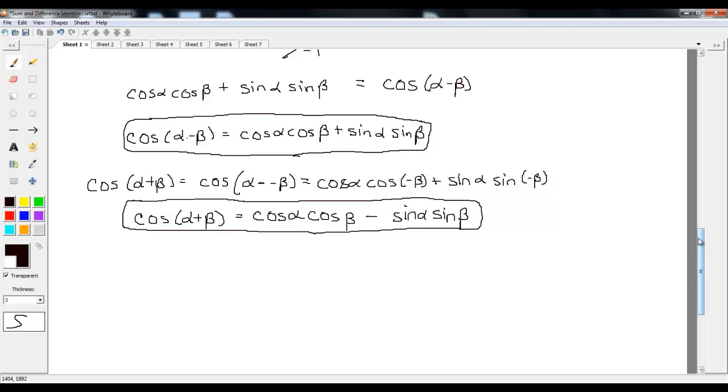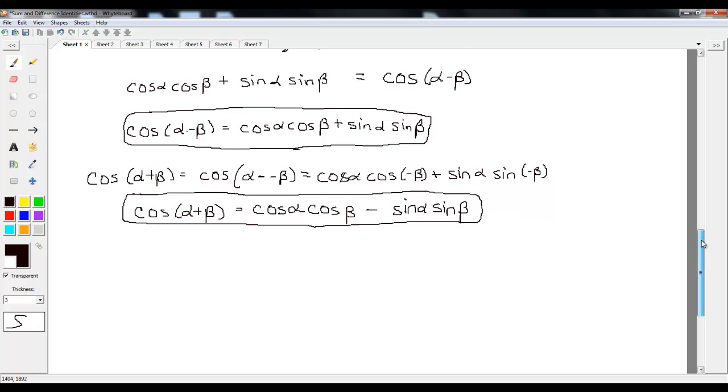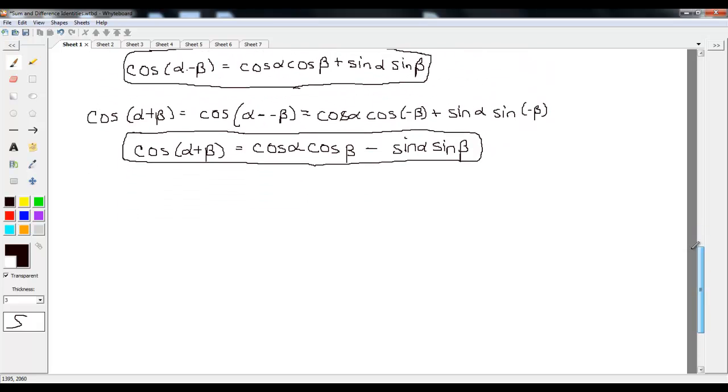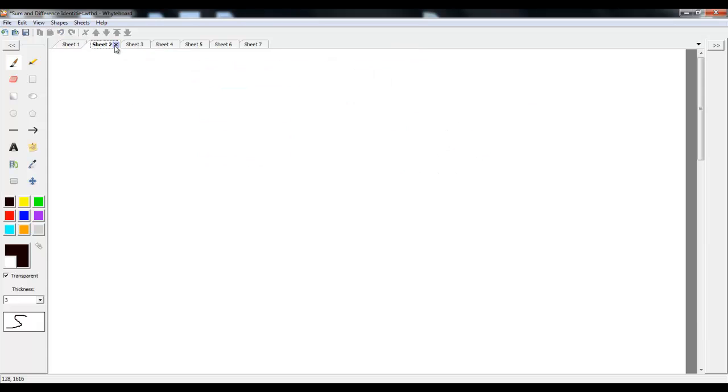Okay, so how could this be useful? Well, you might have some problems where you need to find exact values of something, but you're looking at it and going, well, that's not on my unit circle, so how could I rewrite it? How could I make this work for me? For example, you might have something like find the cosine of negative 75 degrees.